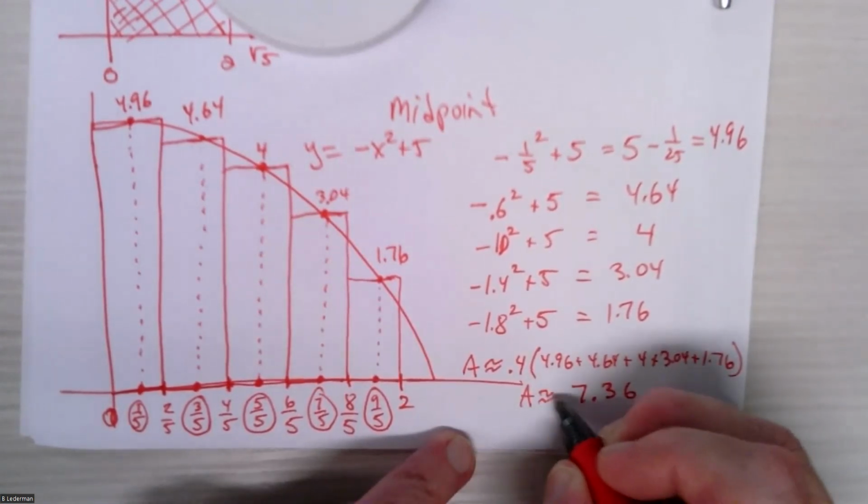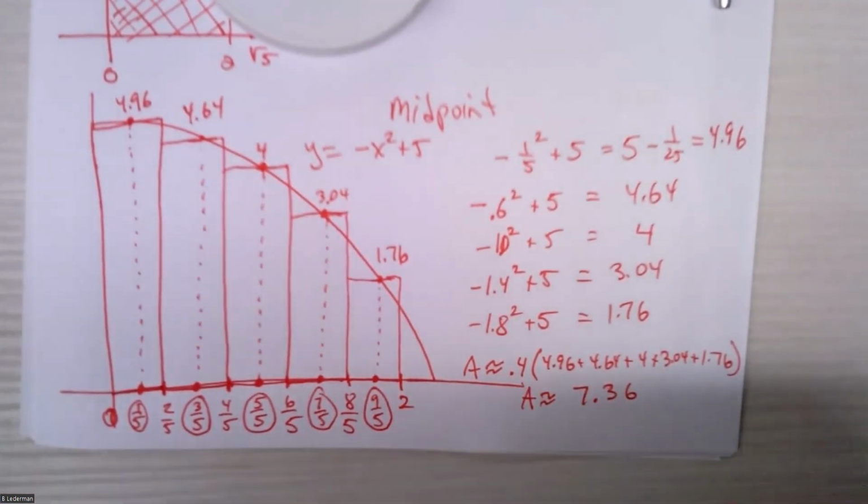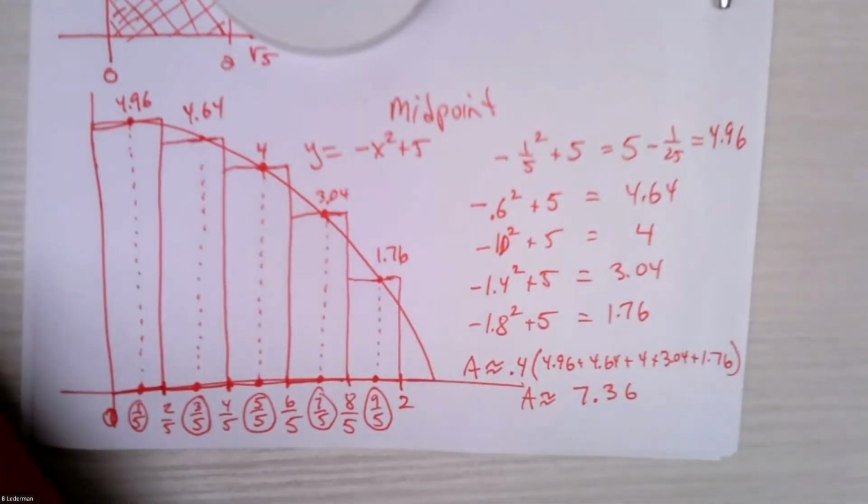So the area under the curve, now, of course, is it perfect? No, but it's a decent approximation. At least it's something. It's better than having nothing.